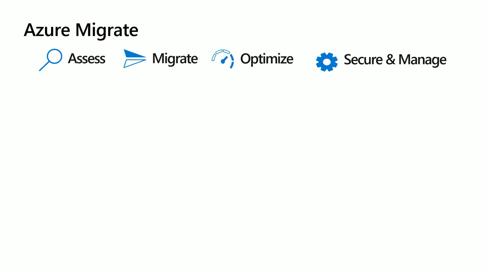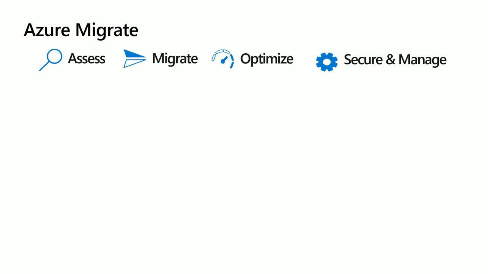Once you are ready with a solid plan, you move to the migration phase, and this is where you do the actual move, where you move your VMs maybe using a rehost approach or a refactor approach. And we have tools available in Azure Migrate that can help you do that. Once you have completed your migration, the journey does not end there. You will have to continue to optimize your Azure resources.